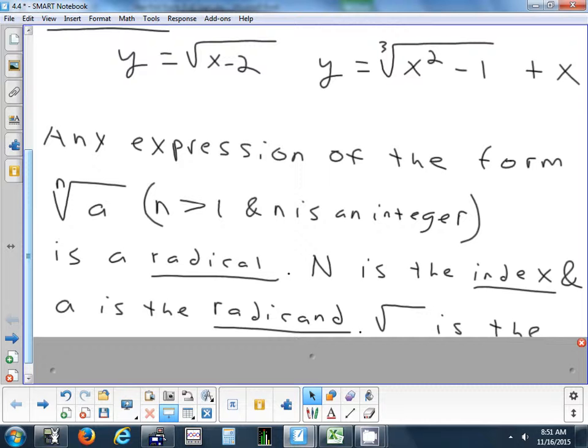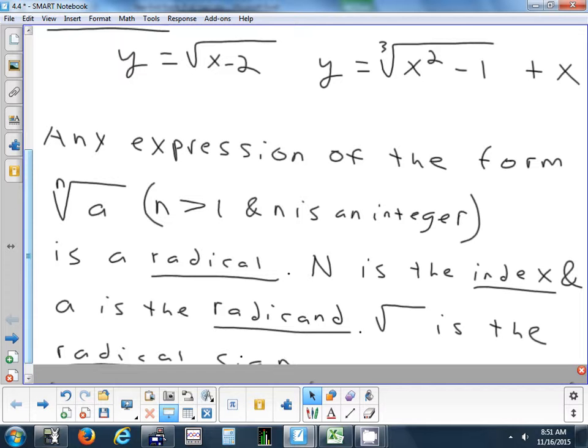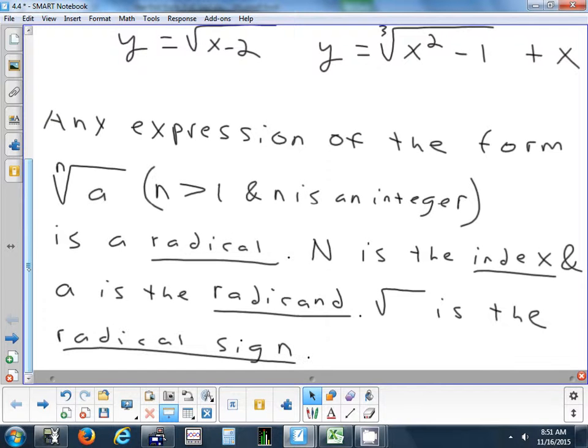In the first example up above, x minus 2 is the radicand. In the one next to it, it's x squared minus 1. And the check mark, horizontal line thing, that's the radical sign. It's just naming the different parts of a radical expression.